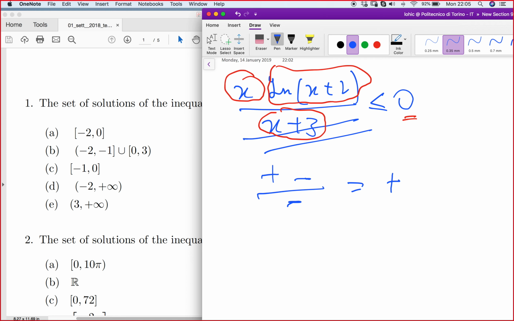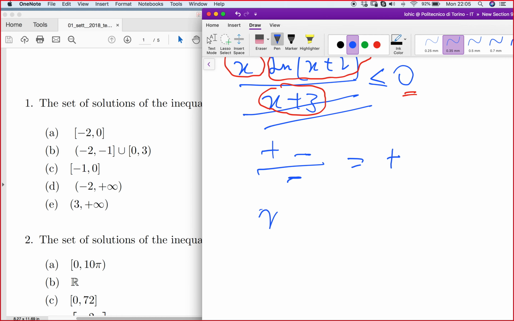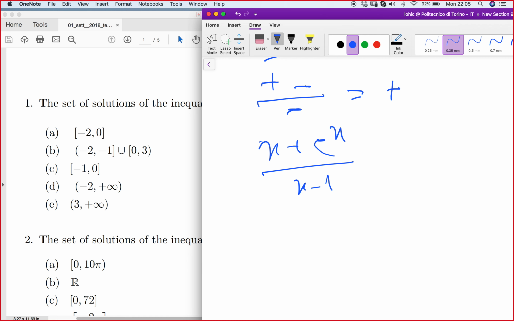Factorized. Okay? So first step, bring everything to one side. Second step, check if it is factorized, yes or not. In this case, it is already factorized, in the sense that if I know the sign of each component, I can derive the sign of the fraction. But if you have something like x plus exponential of x divided by x minus 1, if you know the sign of x and the sign of exponential of x, can you derive the sign of the sum?